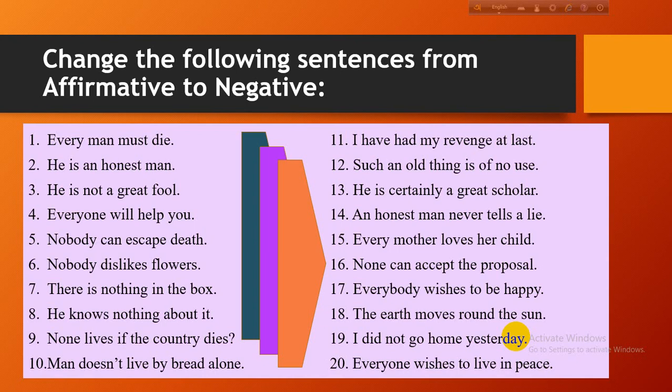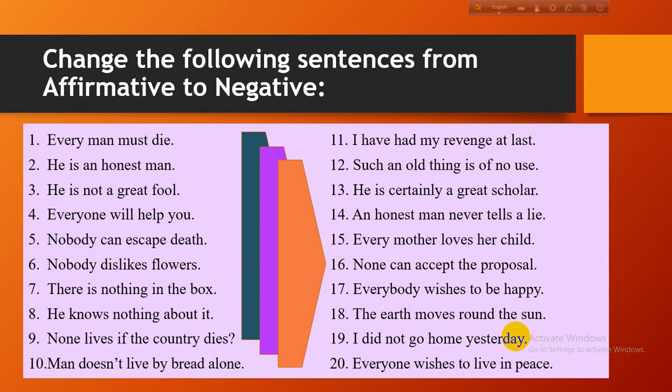Actually these will be given for your practice. So dear student, you must practice those 20 exercises from affirmative to negative or negative to affirmative. And I believe very easily you will understand, and you will be skilled in changing the forms.